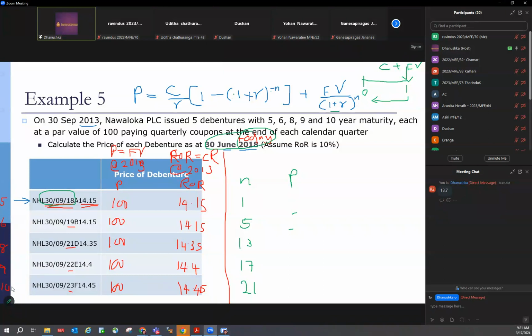Make sure your brackets are okay because somewhere it's going wrong. 1 plus r to the power, again brackets, minus n. Yes, I have missed the minus then. Okay, very good.